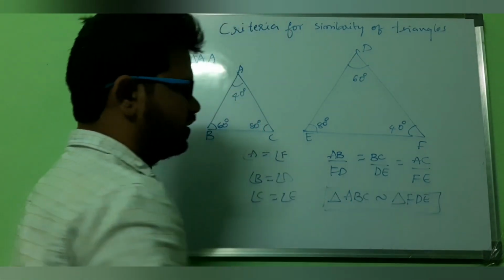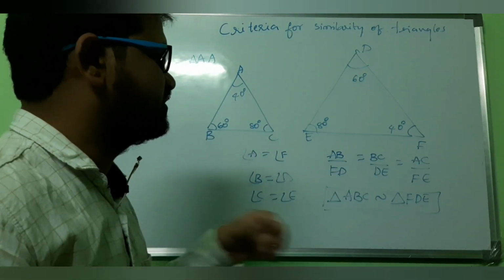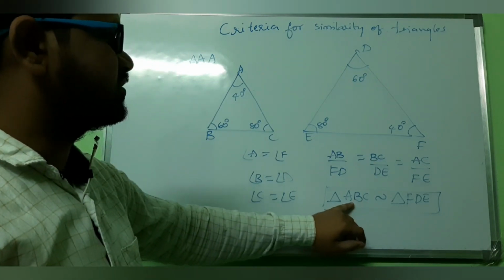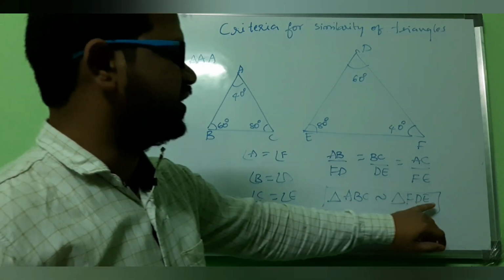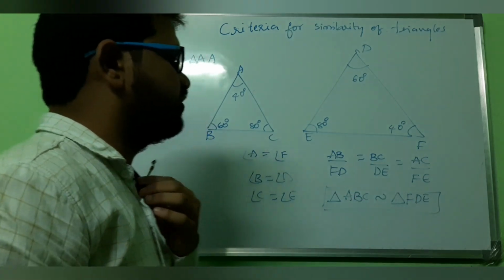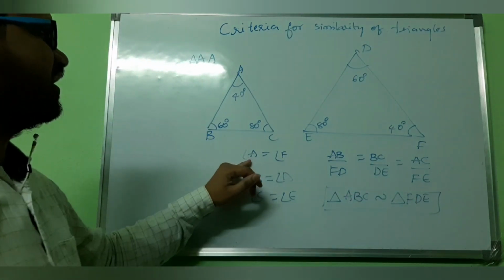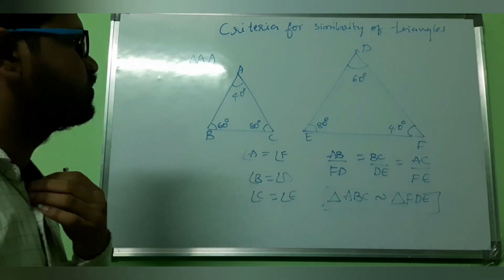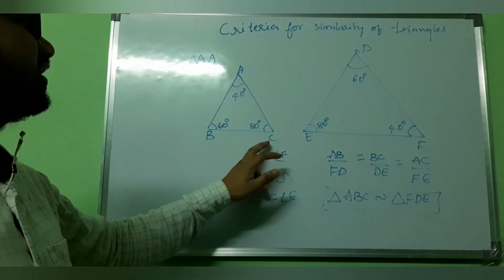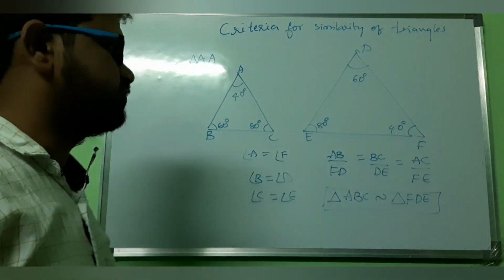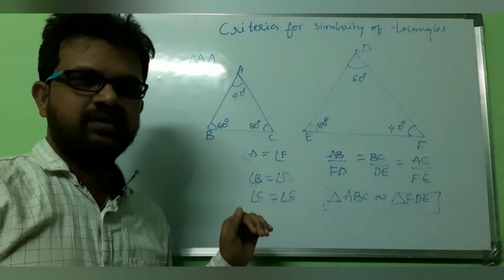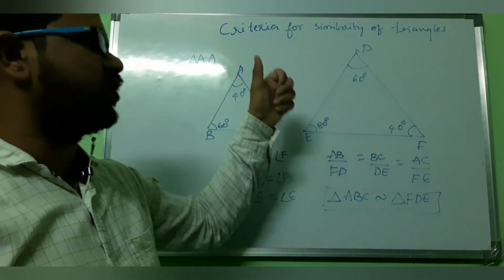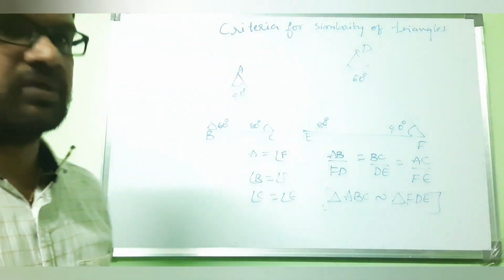Here we cannot write that ABC is similar to DEF. We have to write the corresponding parts. AB corresponds to FD, BC corresponds to DE, and AC corresponds to FE, because angle A is equal to angle F, angle B is equal to angle D, and angle C is equal to angle E. This is the AAA criteria of similarity. Why? Because if corresponding angles are equal, then automatically corresponding sides are proportional. Note this down.